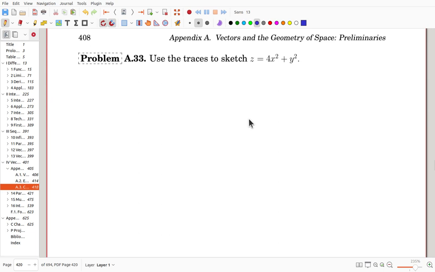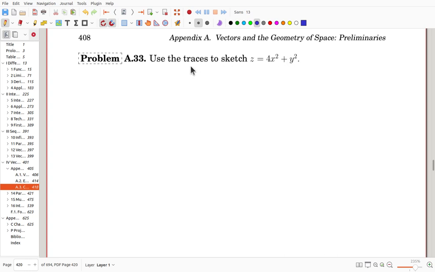Use the traces to sketch z equal 4x squared plus y squared. For this one, if you use z as a constant, then it may be easier. Rather than that, let's try to see the traces along with y values changing.